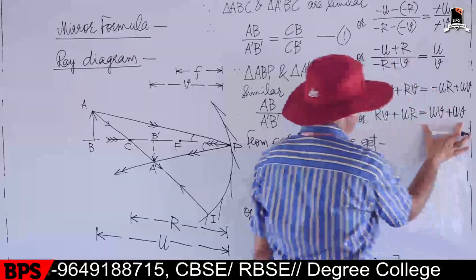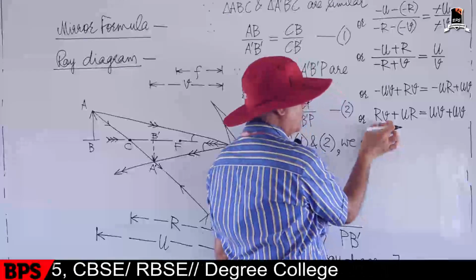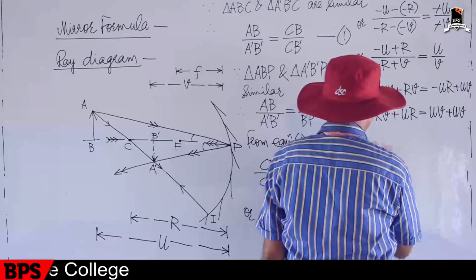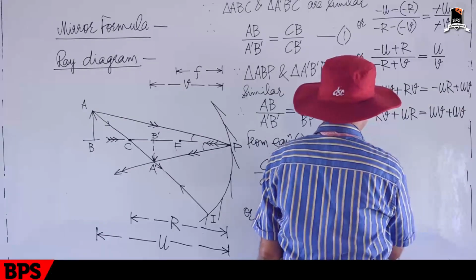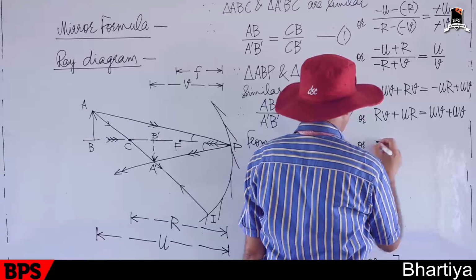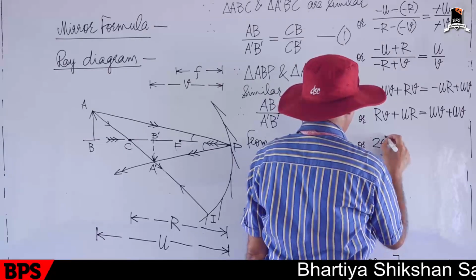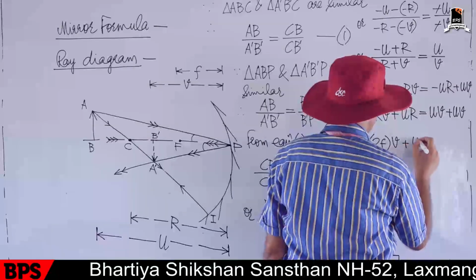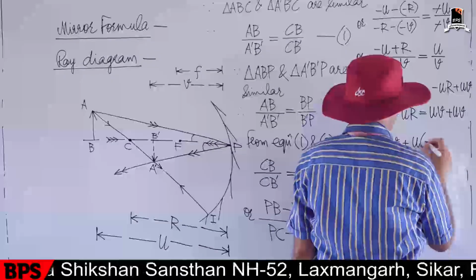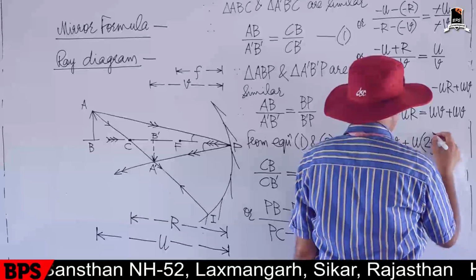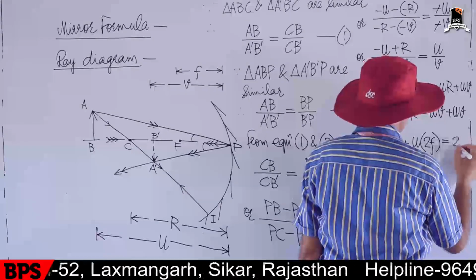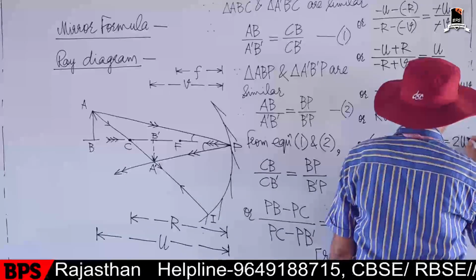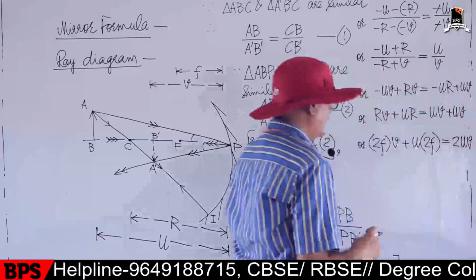This becomes twice UV, put 2F in place of R, so you will get this equation, or 2F into V plus U into 2F is equal to 2UV.